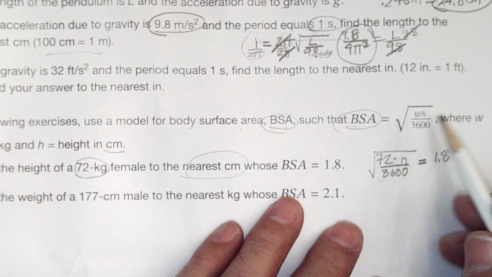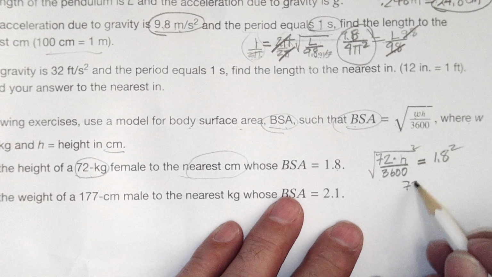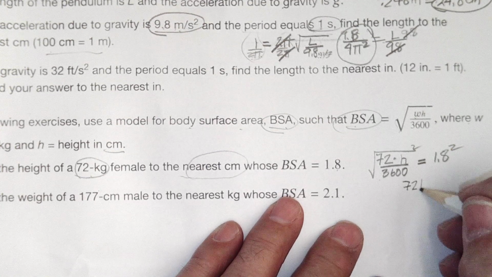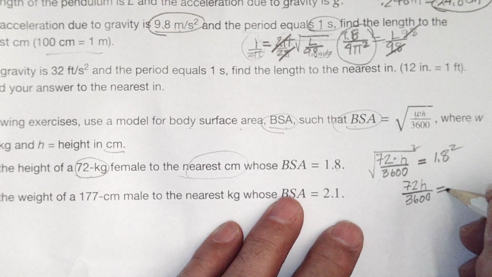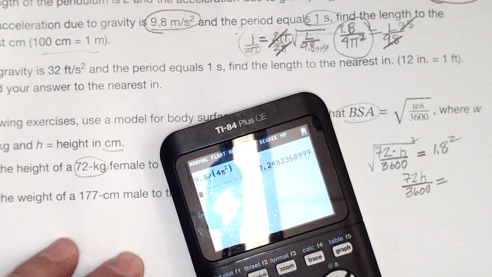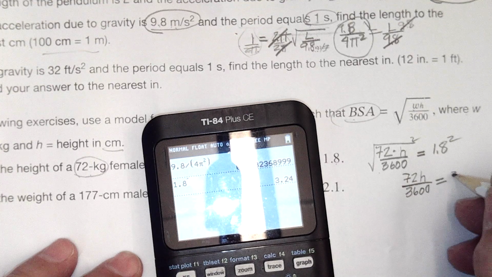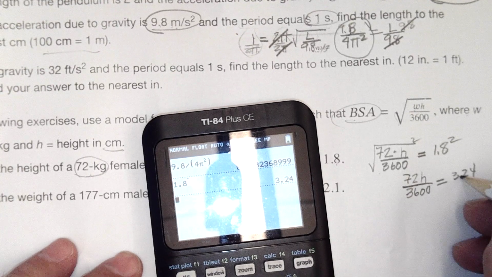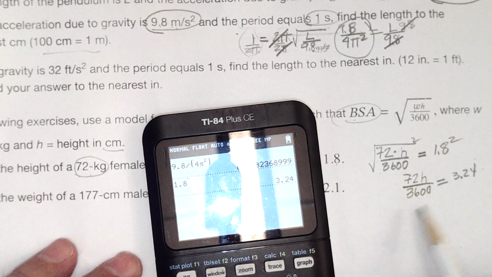To get rid of the square root, we square both sides. We get 72h over 3,600 equals 1.8 squared, which is 3.24. To finish it, I have to multiply both sides by 3,600 and divide both sides by 72.